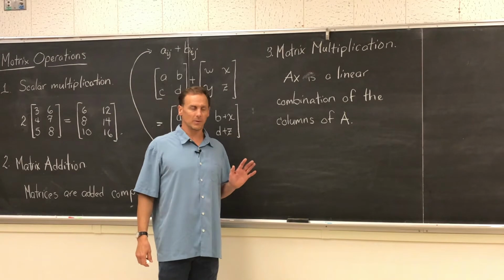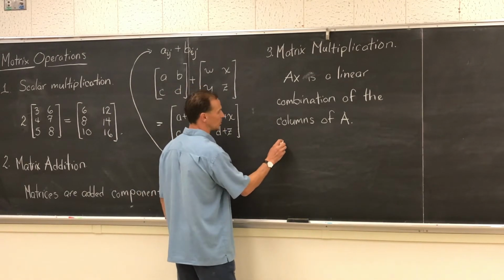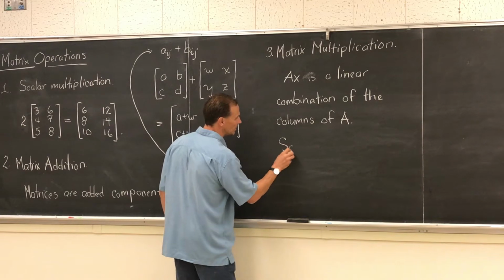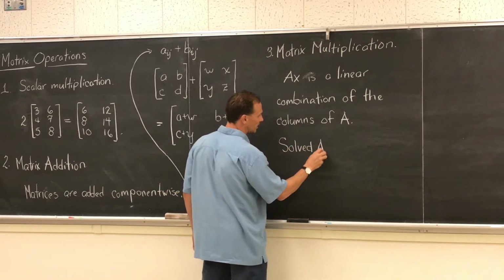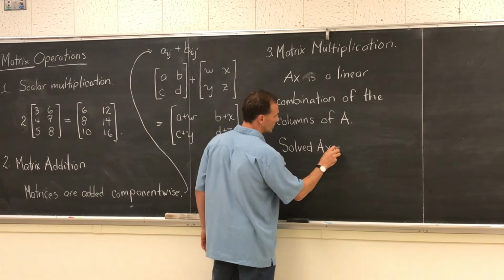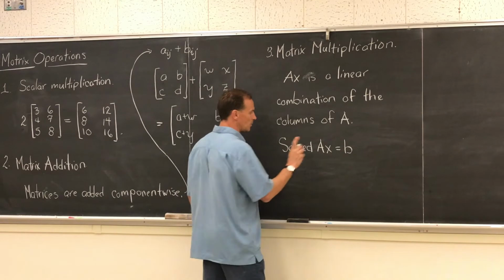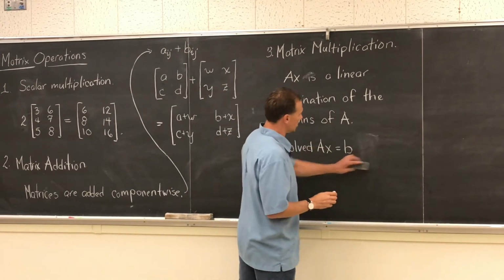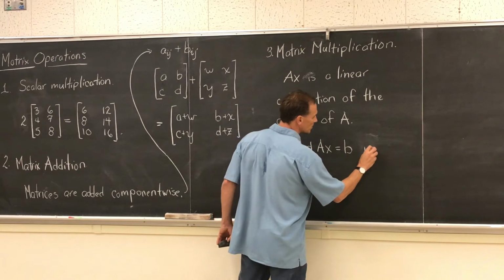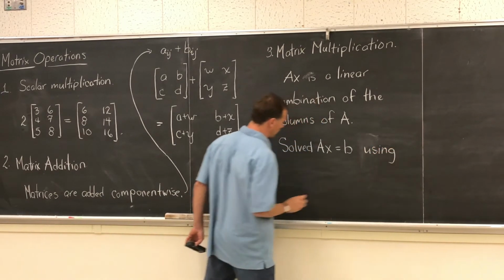Now, then what we did is when we solved, and this is where you have to think about how this works together. So then what we did is we solved Ax equals b. And how did we do that? Well, we solved that using row operations.